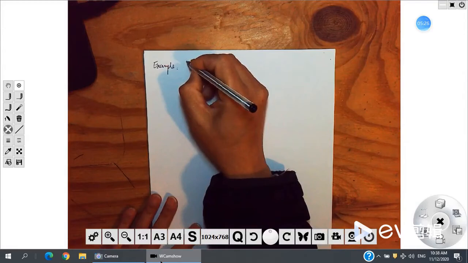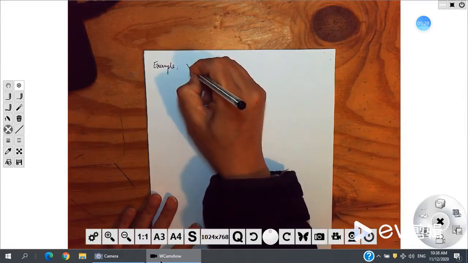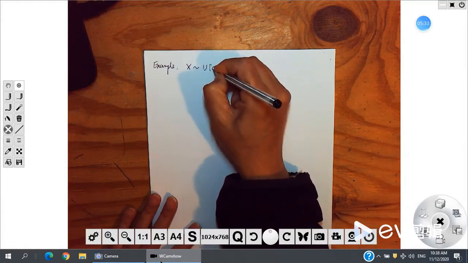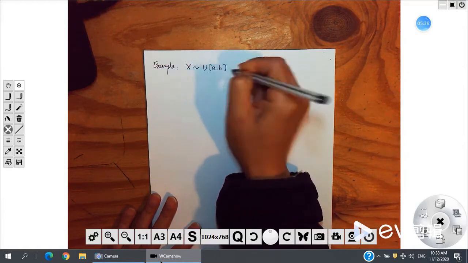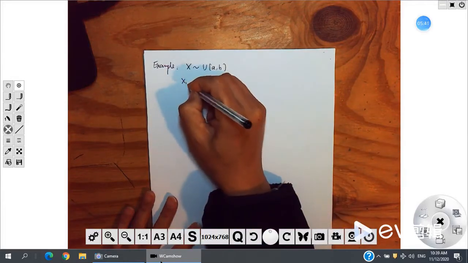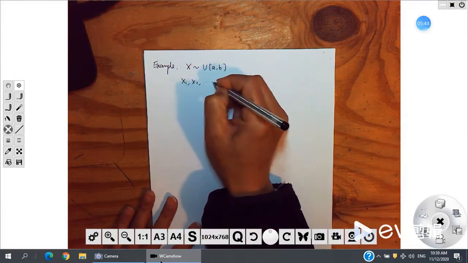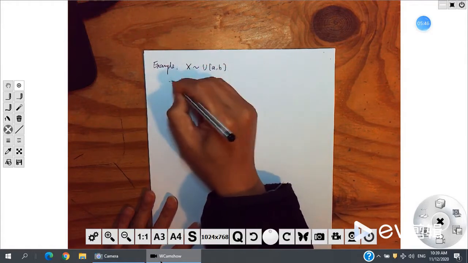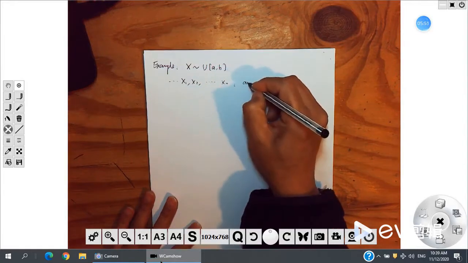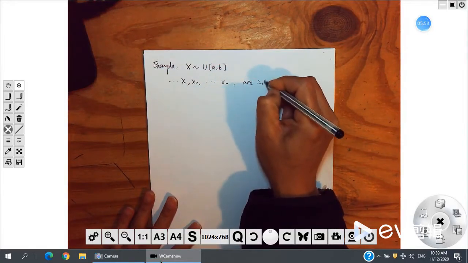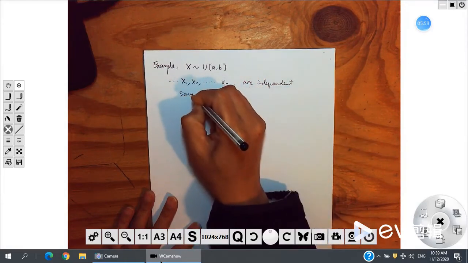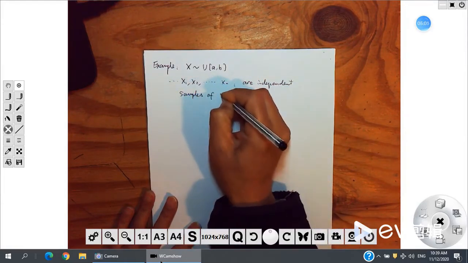Suppose x is a uniform distribution from A to B. Then we use x1, x2, until infinity, and even some negative xn's. They are independent samples of x.